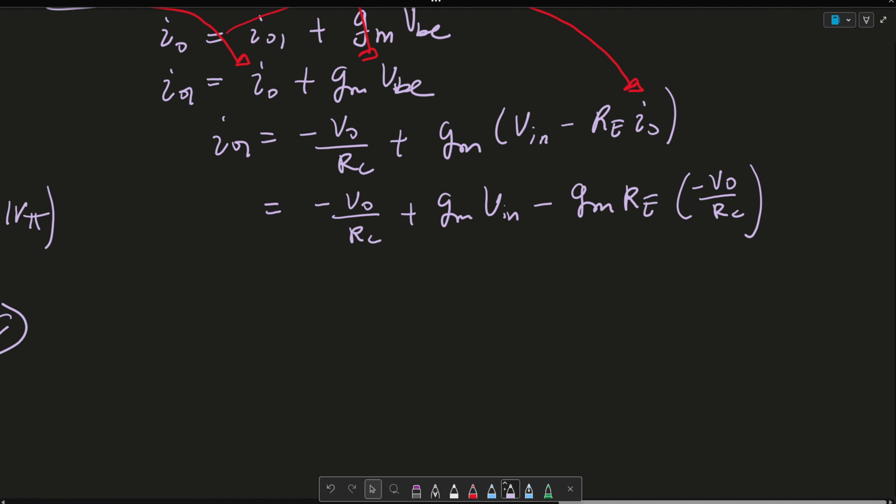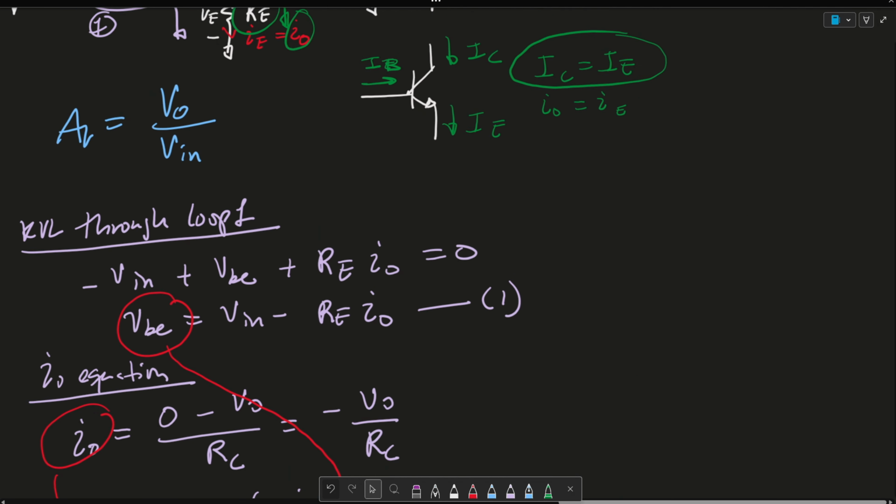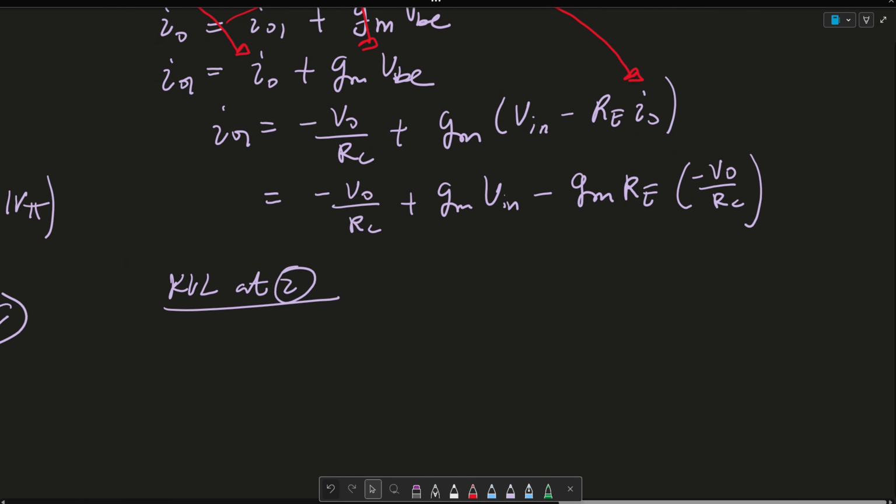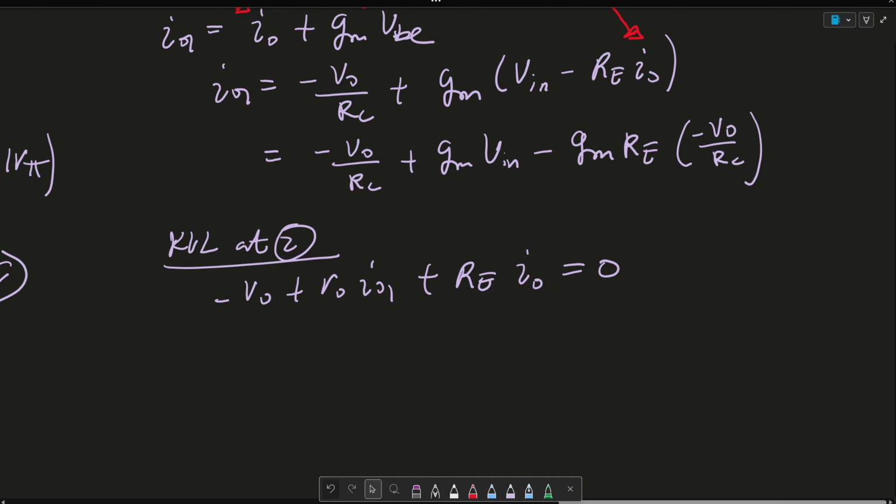This is KVL at loop 2. Minus VO plus RO IO1 plus RE IO is equal to 0. We can go ahead and plug in for IO1.